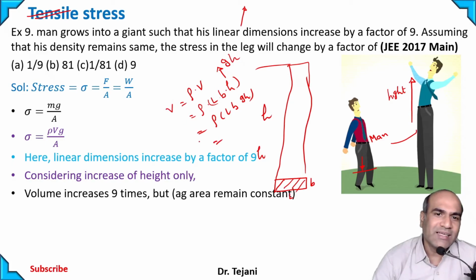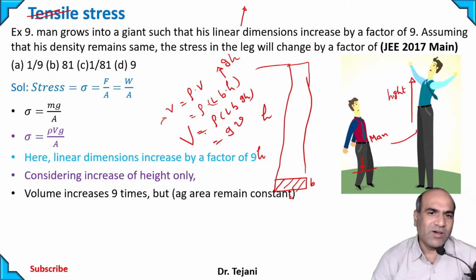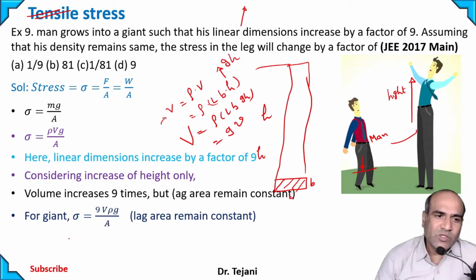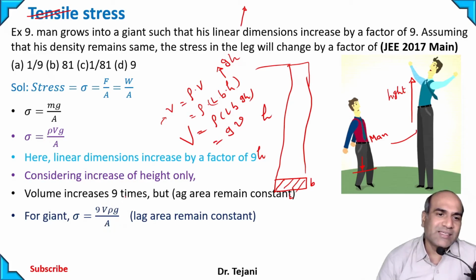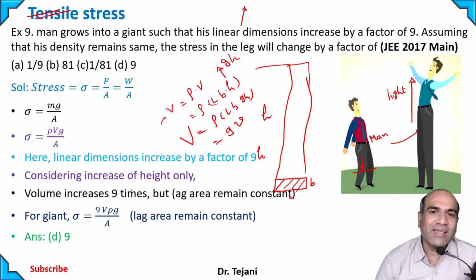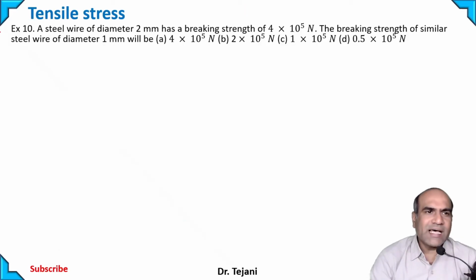The volume of the giant becomes 9 times the volume when he was the tiny one. So put this value here: V becomes 9V. Sigma is equal to 9V rho g. If you compare with sigma, sigma increases 9 times.